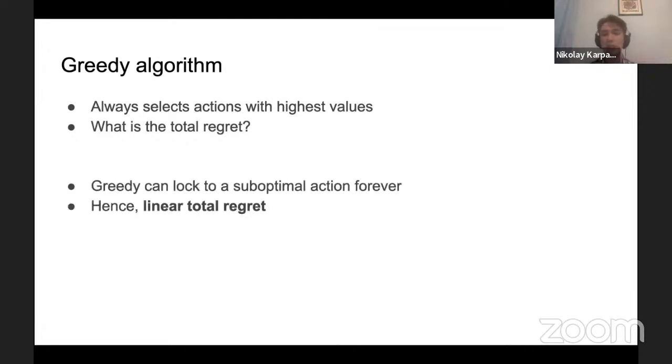The problem here is that greedy can lock onto some suboptimal action forever. For example, if you have five slot machines, and at some point of the game you realize that the third one gives you $1 every 2 runs, the average reward would be $0.50.